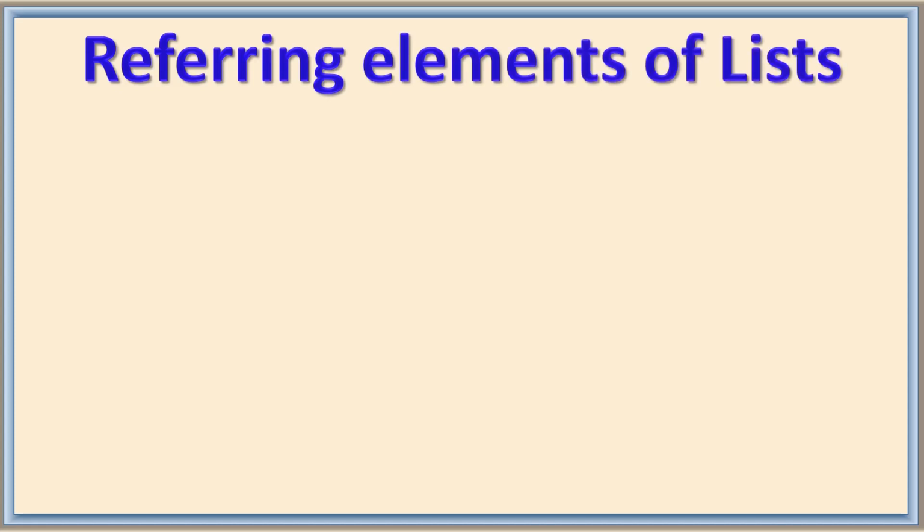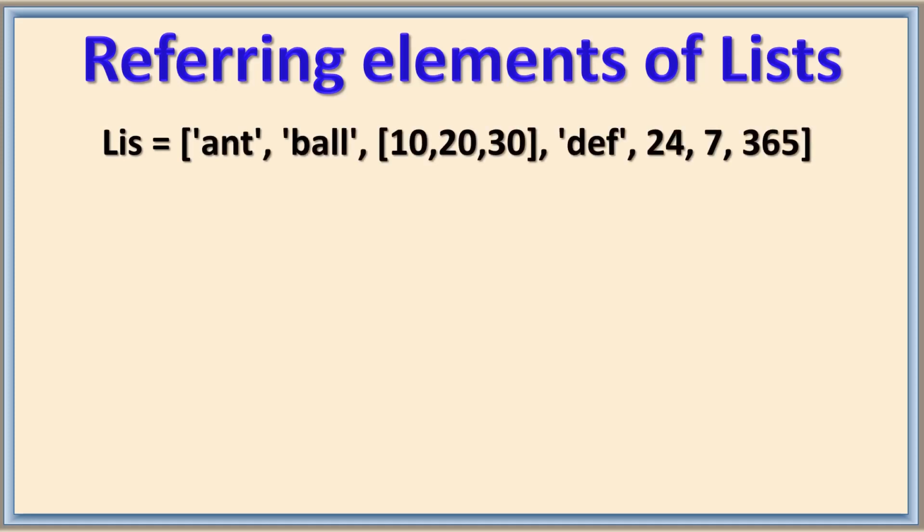Now let us see how we refer to each element of a list. For example, I have lis is equal to ant, ball, and the list 10, 20, 30, def, string, 24, 7, 365 are its elements. As we have seen, a string has an index number for each of its characters. Here the list also will be referred to with its index number.